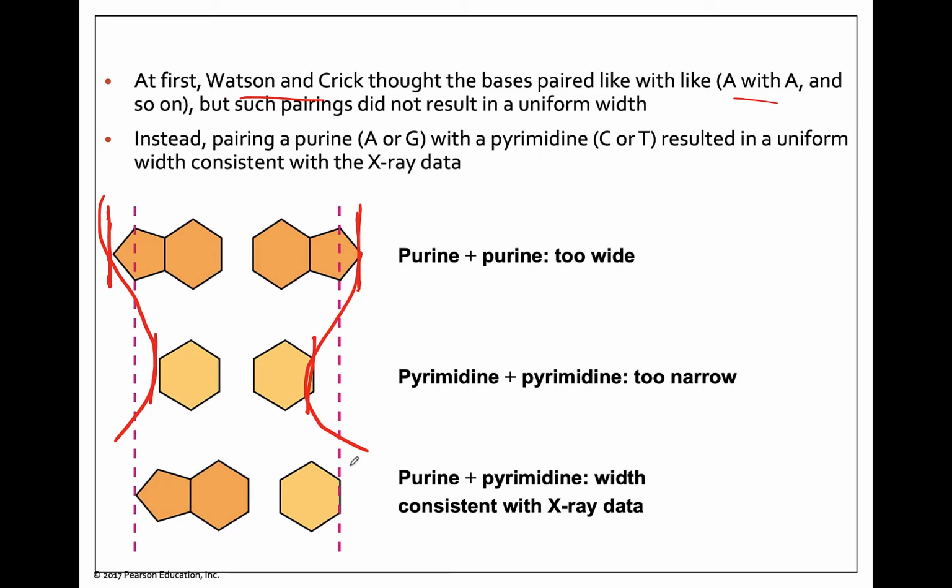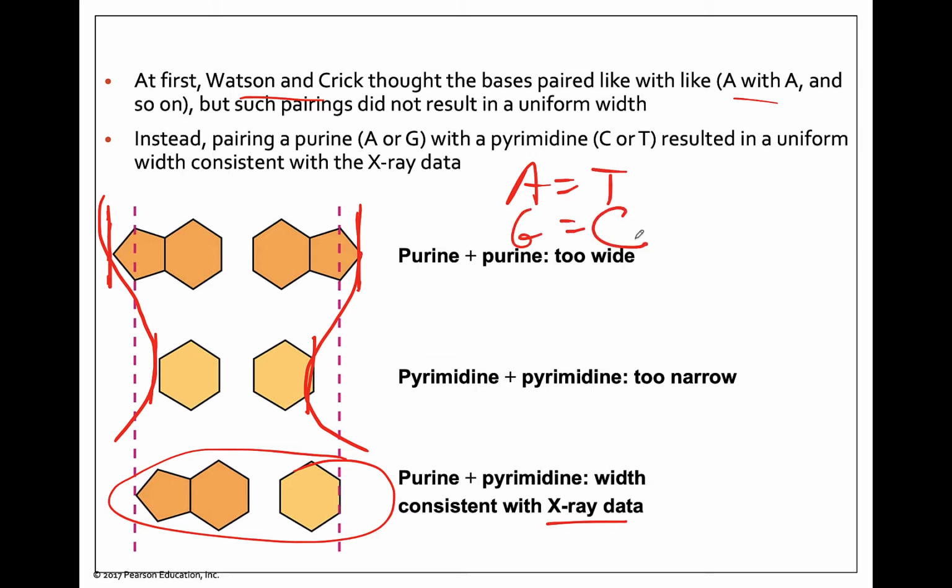So you'd end up with the structure of DNA looking like a wonky hourglass here. What they eventually realized is that a purine always has to pair with a pyrimidine in order to be consistent with the X-ray crystallography structure, which said that there was a uniform width to the DNA. So using Chargaff's rules, where we knew that A was always equal to T, and G was always equal to C, it made sense that the purines always paired with the pyrimidines, and that it was always specifically in this order.